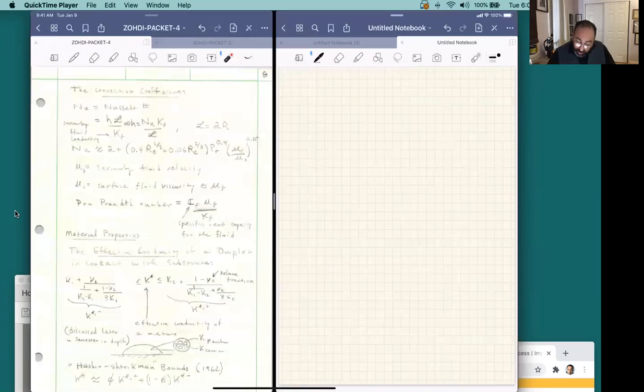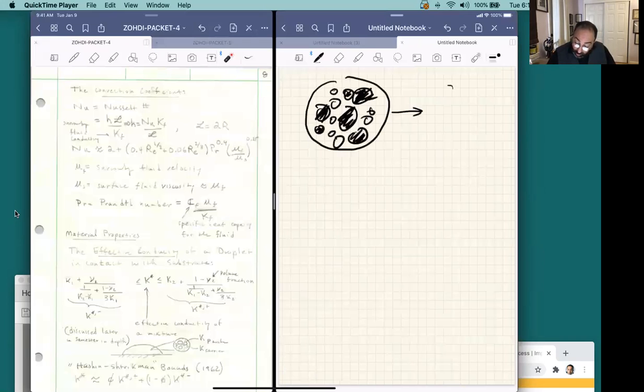Effective medium theories basically say the following: if you take an object, and that object is a mixture of many different things, these dark particles, light particles, dark particles of different sizes, all that kind of stuff, that entire mixture, we replace it with a single homogeneous value of what the properties are.